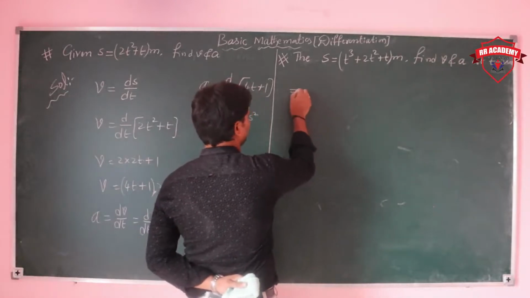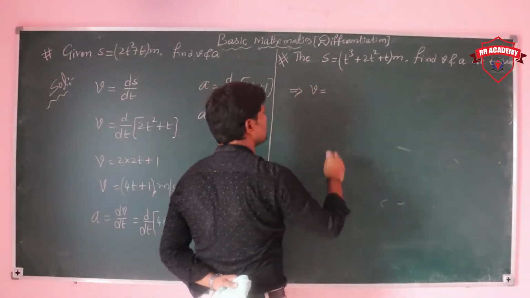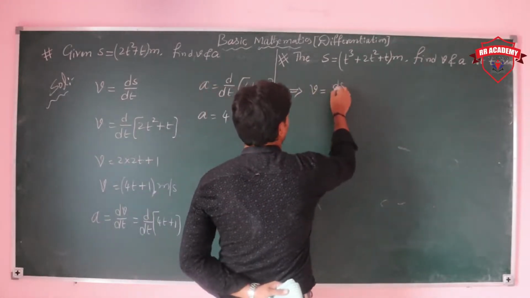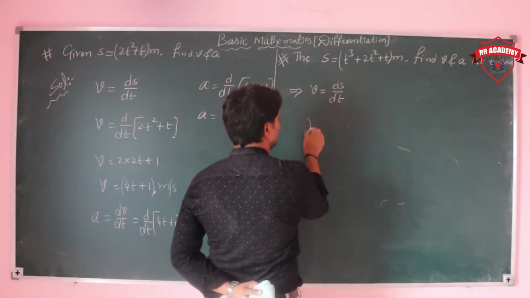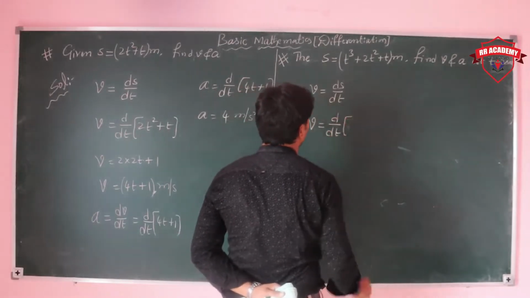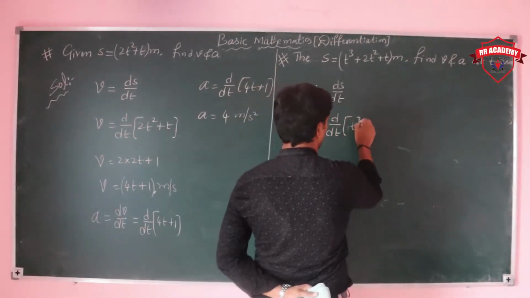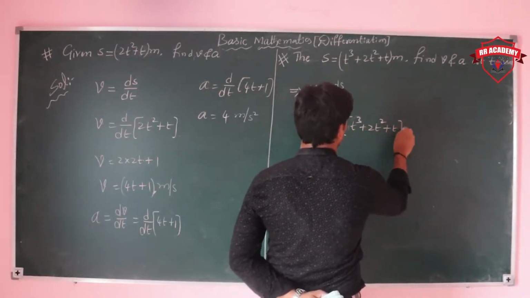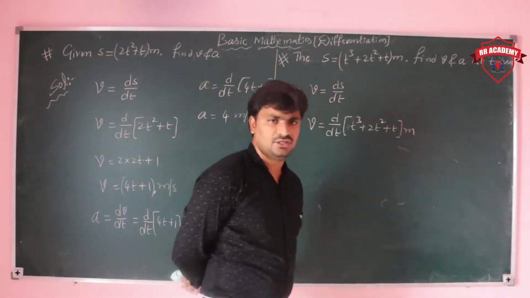First you can try to get the velocity expression. Velocity v is equal to ds upon dt. Then v is equal to d by dt of s, which is t cube plus 2t square plus t meters.